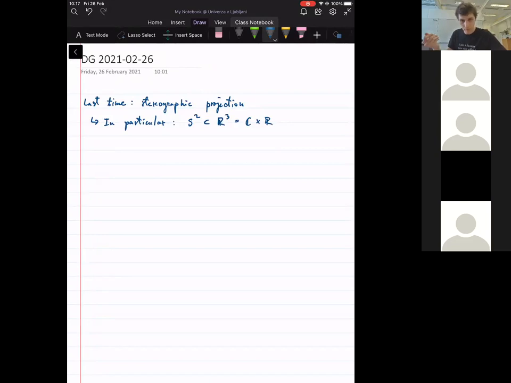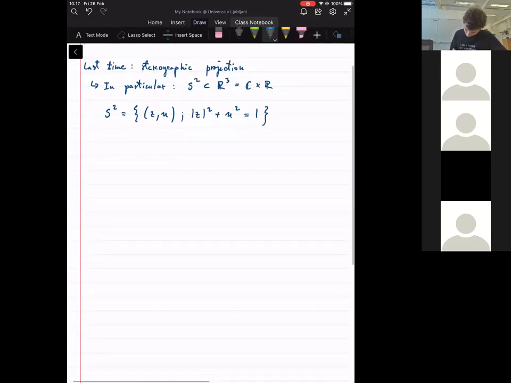And in this way, we write S2 as pairs of a complex number and a real number, and the condition on this set is that the absolute value of z squared plus u squared is equal to 1. So this is nothing out of the ordinary. I'm sure you can all digest this.